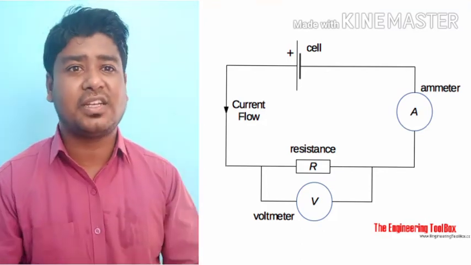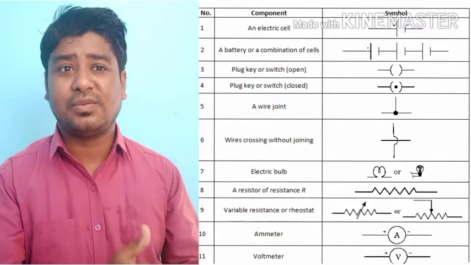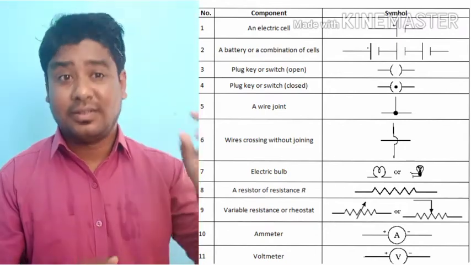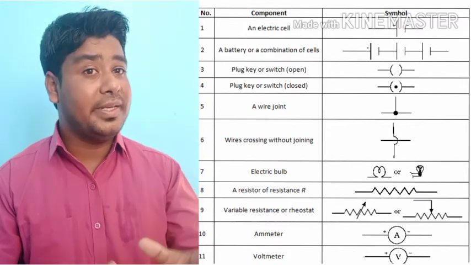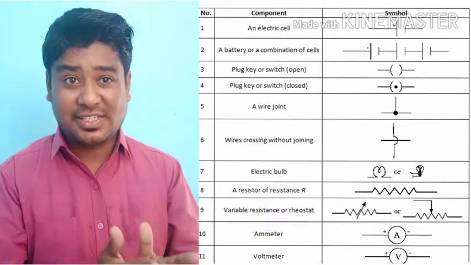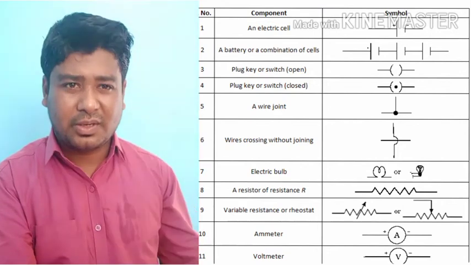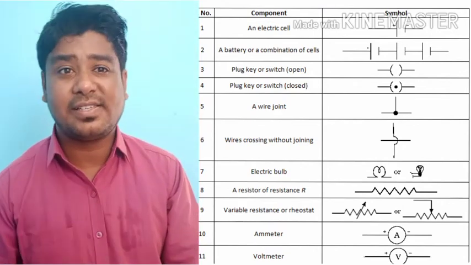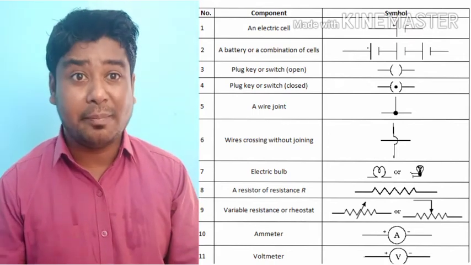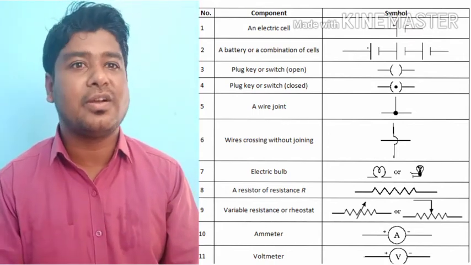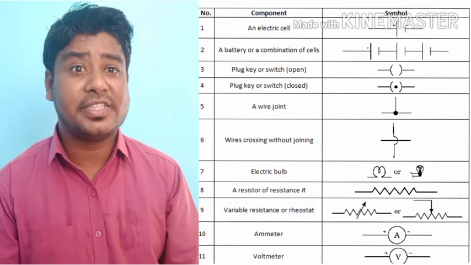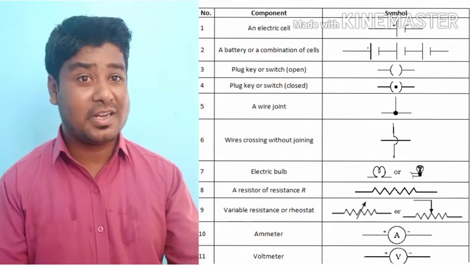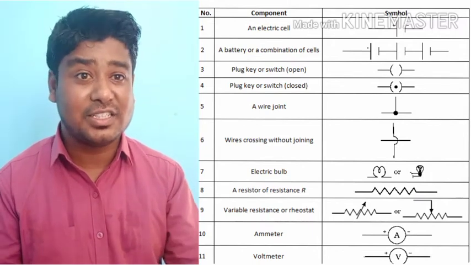You have an electric circuit and the things which are connected: what is the symbol of battery, cell, voltmeter, ammeter, resistors, all these things, and whatever other electrical components there are, what their symbols are, you can go through and make note of it. This is important to draw a circuit from this chapter. Further, it will be helpful in solving some problems also related to the formulas.